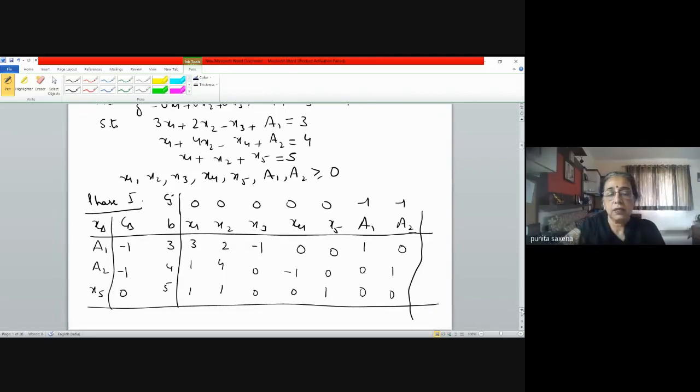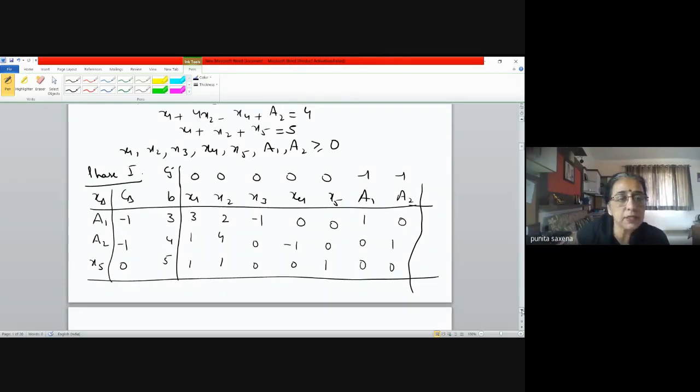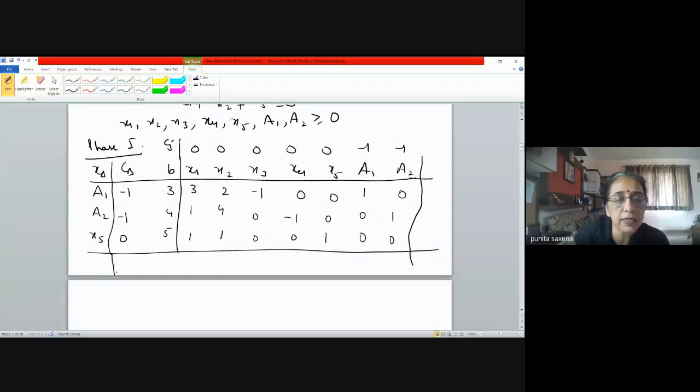Now we begin with our calculations so that you can do quickly. My Z, or Z star as I have called it, is going to be -1 into 3 plus -1 into 4, which makes it -7. Now I need Zjs and Zj minus Cjs.